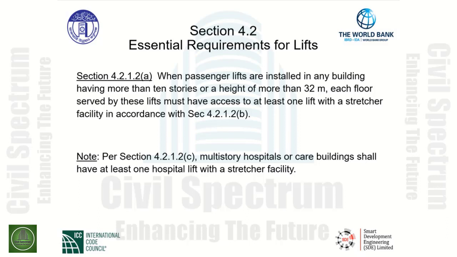Note to the code user, per Section 4.2.1.2 Item C, multi-story hospitals or care buildings shall have at least one hospital lift with a stretcher facility. This clearly lays out the requirement for stretcher facilities that are required in buildings as well as multi-story hospitals.